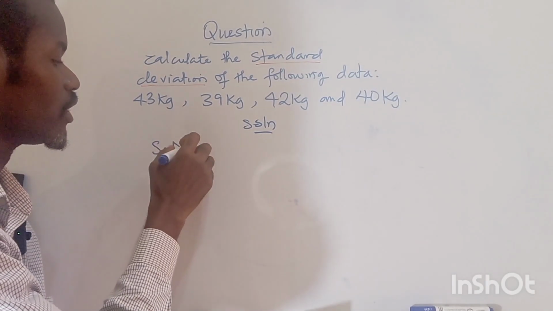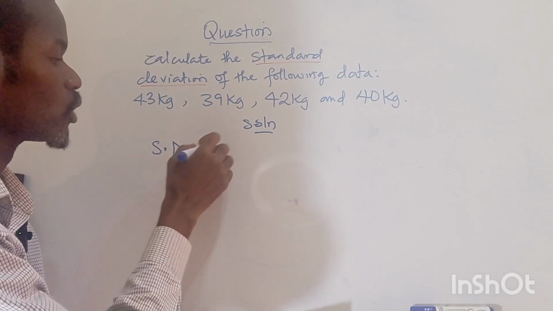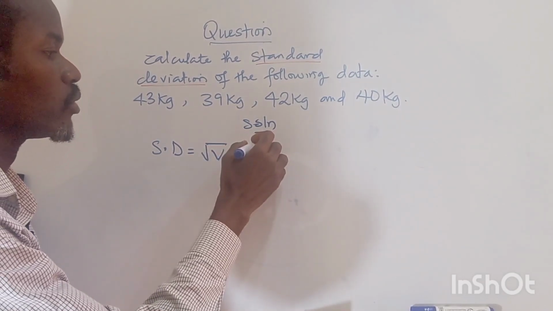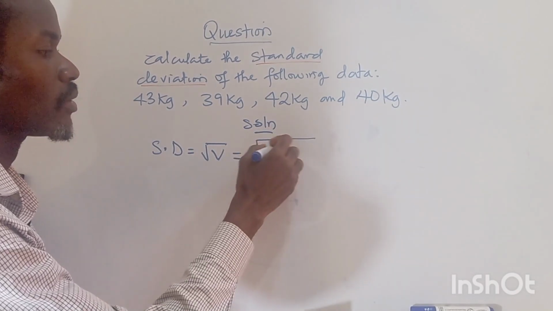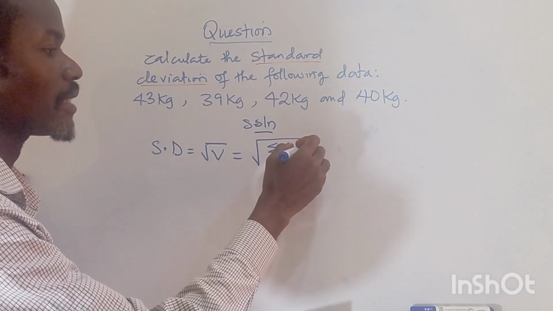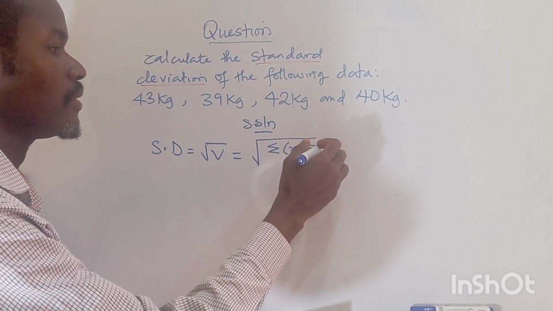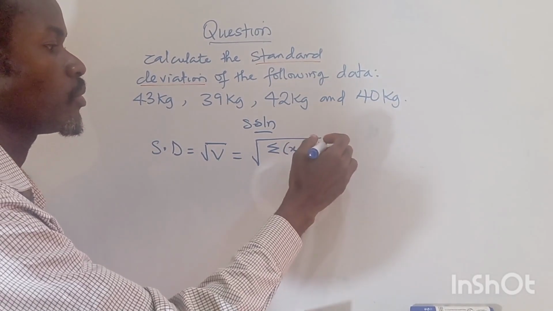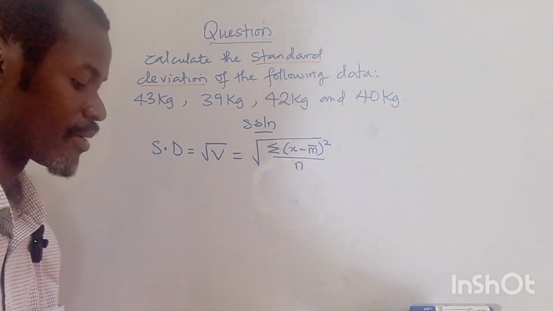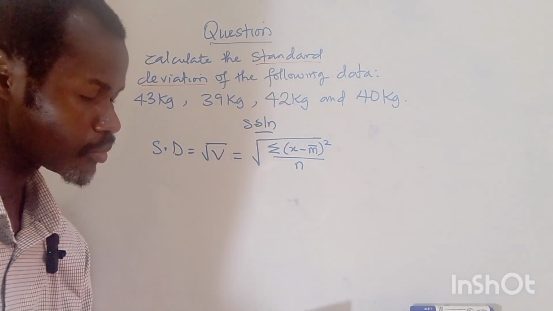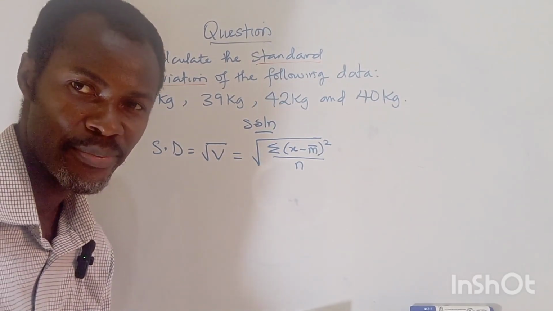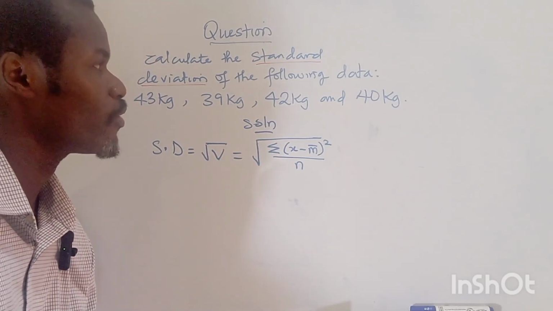Our standard deviation is equal to the square root of our variance, which is also the square root of the summation of the individual numbers x minus the mean value, all squared, divided by N, which is our frequency. So let's use this formula step by step to solve for our standard deviation.